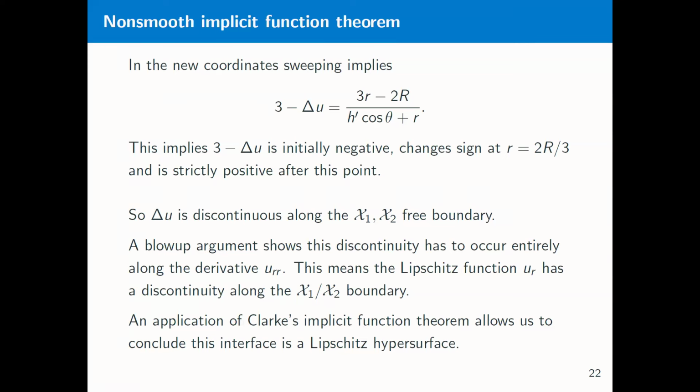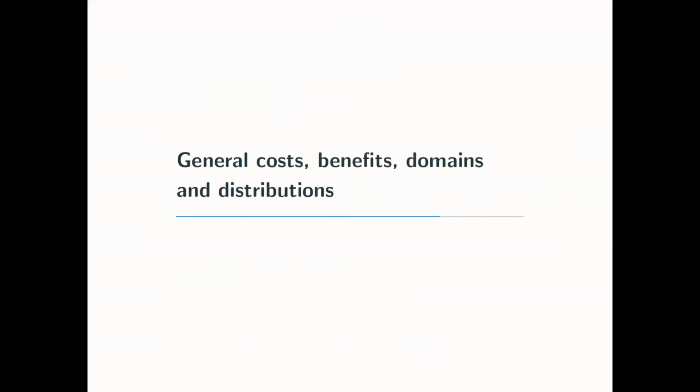And by that discontinuity result, it's the set where a Lipschitz function is, say, equal to 0, but has non-vanishing subdifferential. A particular non-smooth version of the implicit function theorem due to Clarke says any such set is a Lipschitz hypersurface. And then we obtain that that boundary is a Lipschitz hypersurface.